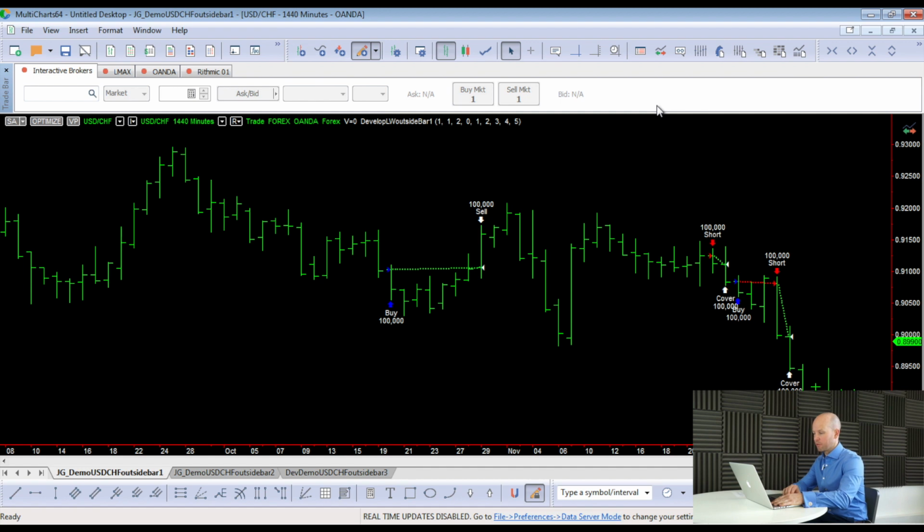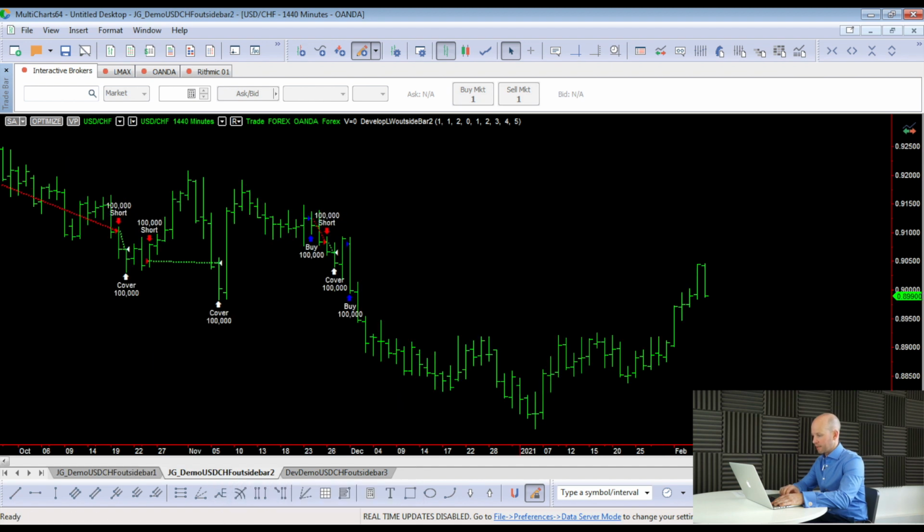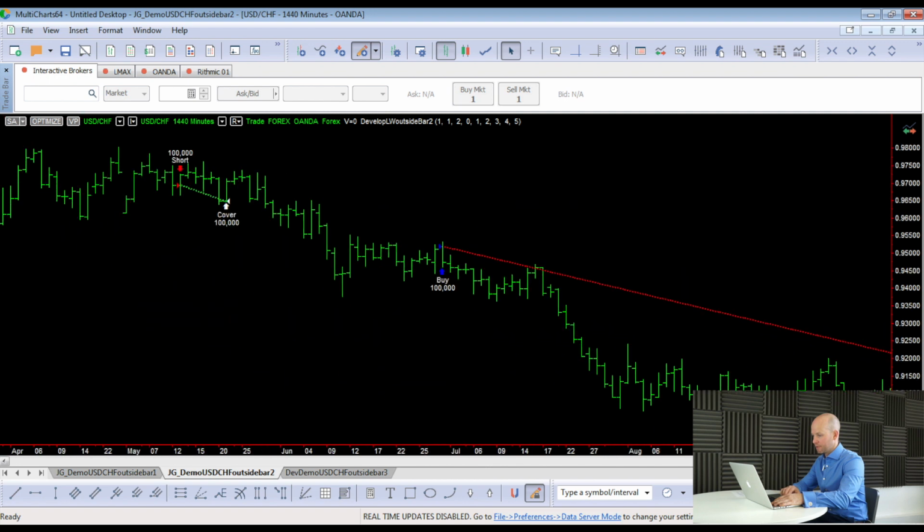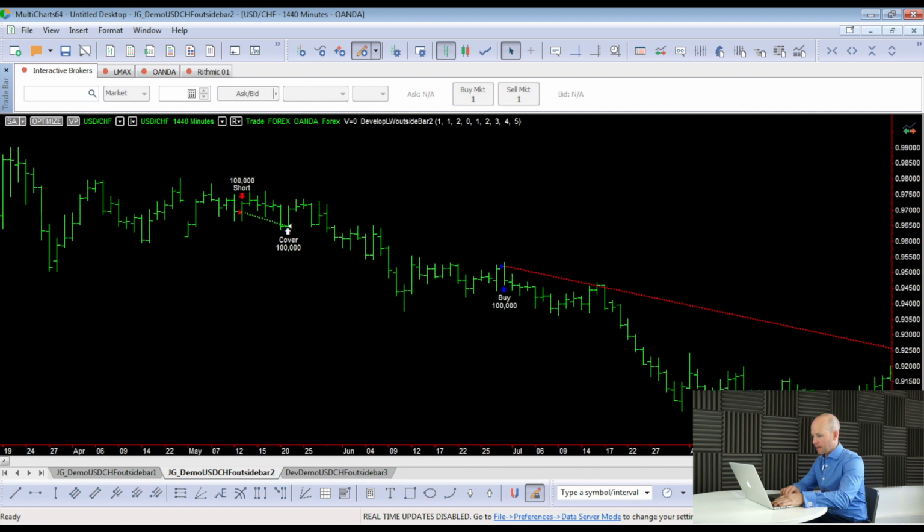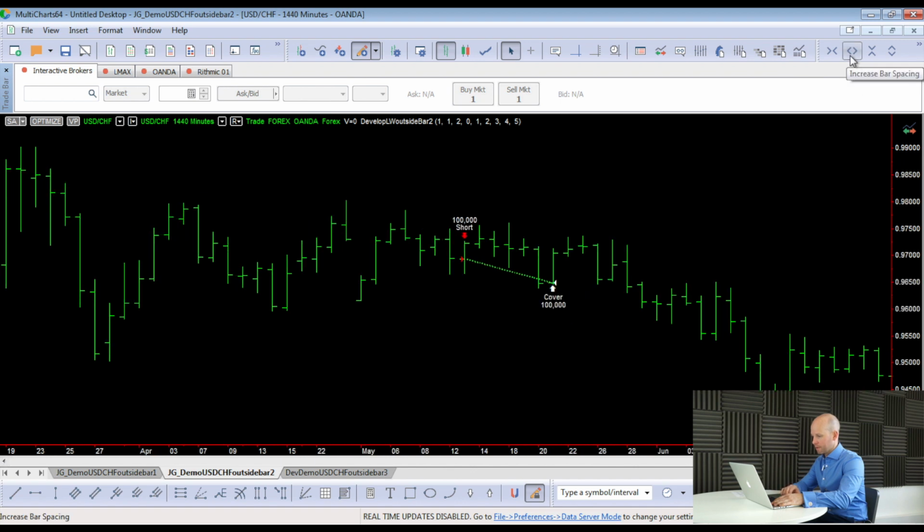Out of interest, I thought, what about if we reverse the signals? So, for example, here, if we got an outside bar with a close lower than the previous low, what about if that was a short signal rather than a buy signal? So on this chart, that's exactly what we did. These are the reverse signals. Let's just have a look at a trade so that we can see. We make this a little bit bigger.